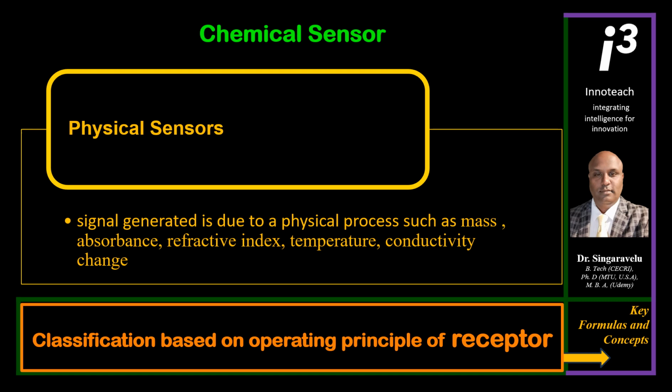Otherwise, it could be a change in conductivity. When the physical properties of the system change and that change is read out by the transducer, such sensors used to detect chemicals are called physical sensors, based on the operating principle of the receptor.